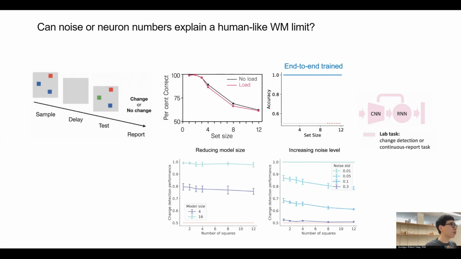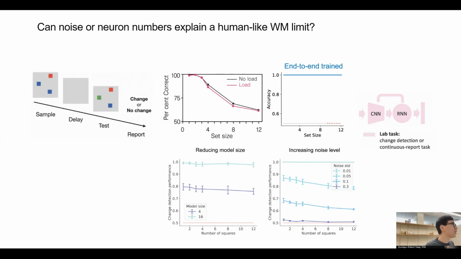Here, again, we're plotting the performance in this change detection task as a function of the set size. You can see that when you make the model smaller or you add noise, the performance decreases in a uniform fashion, unlike the human, where it depends on the set size. We have some ideas why this is happening, but when we first saw this, it was pretty interesting.